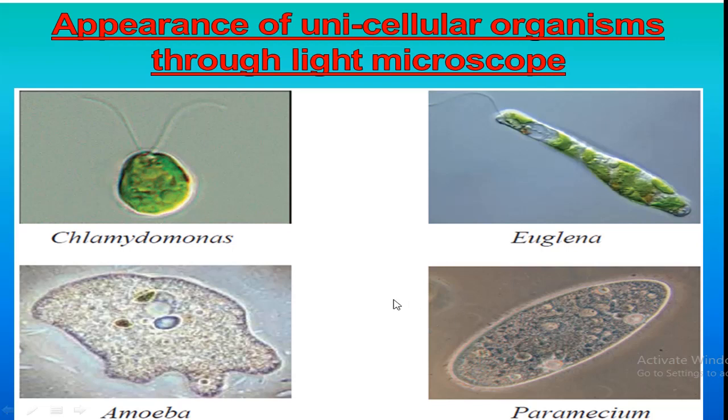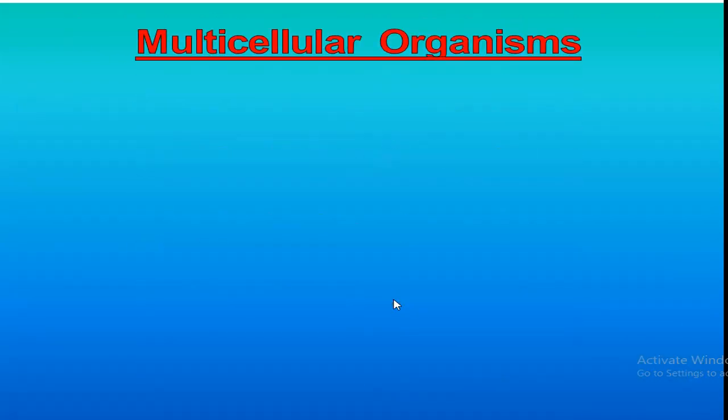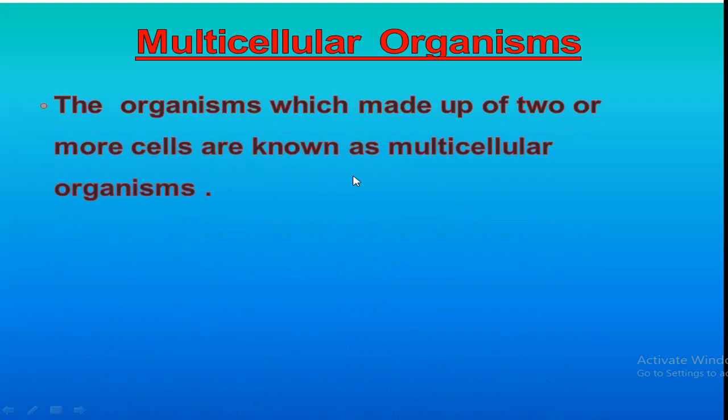Now we have learnt what is meant by unicellular organism, right? Then we will learn about multicellular organism. What is the multicellular organism? The multicellular organism means the organism which is made up of 2 or more cells.